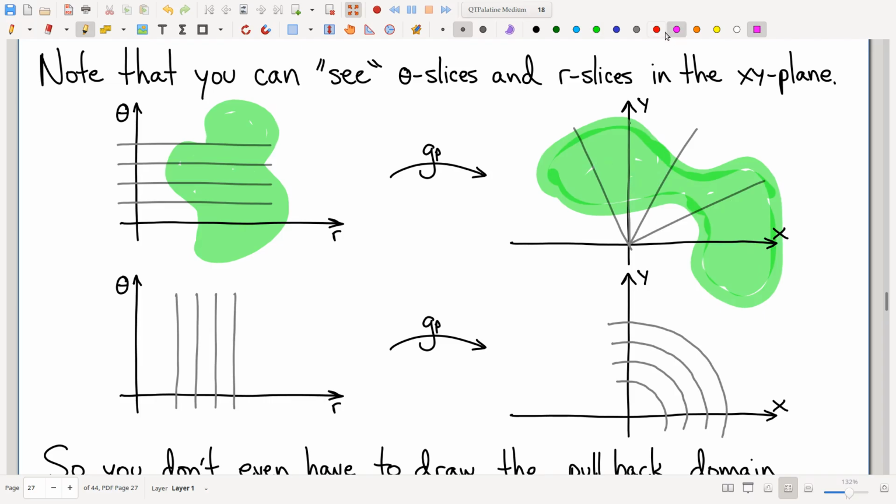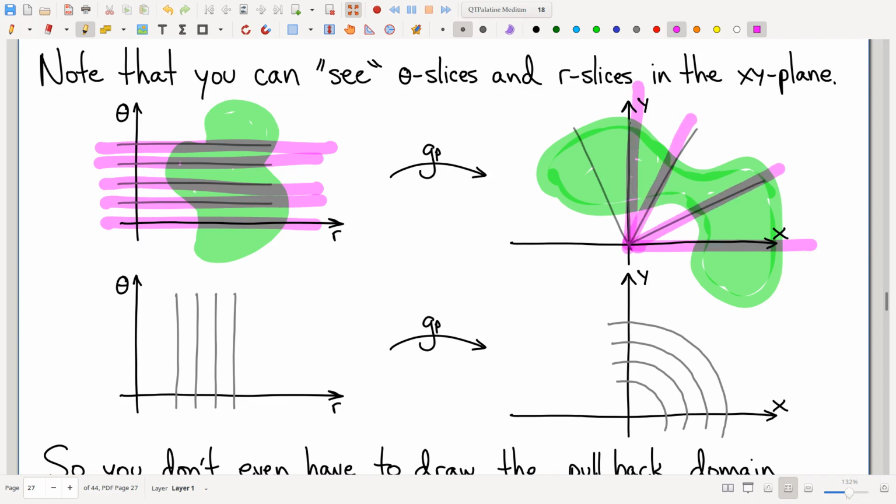Well, every slice that I do here, every theta slice, remember a theta slice means constant value of theta, I can tell you exactly what that looks like right here in the xy plane. And that represents constant value of theta. Constant values of theta in the xy plane look like this. They're just radial slices.